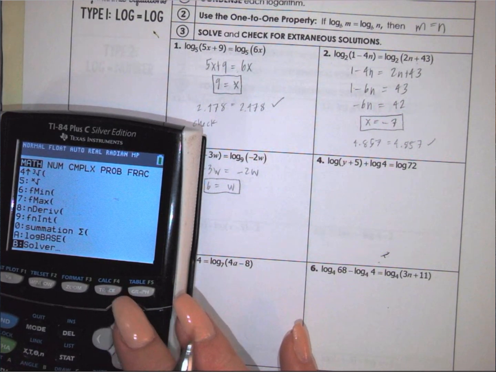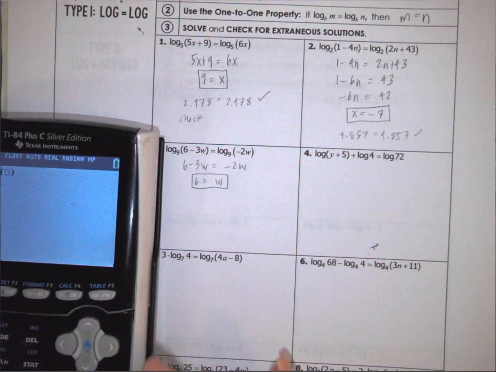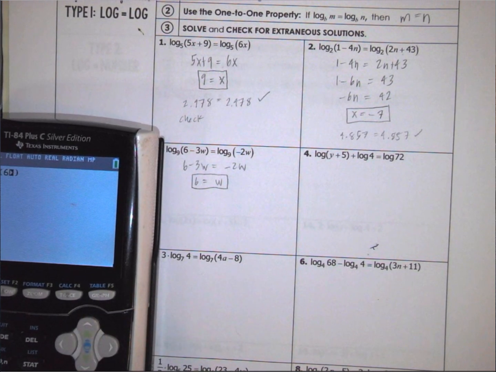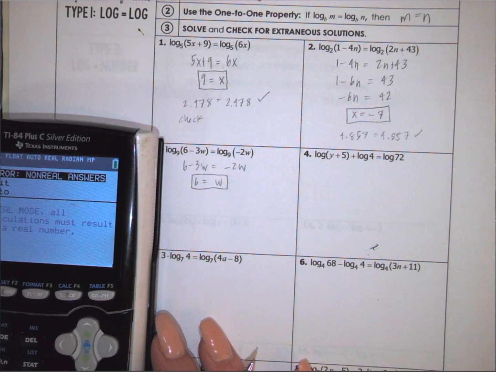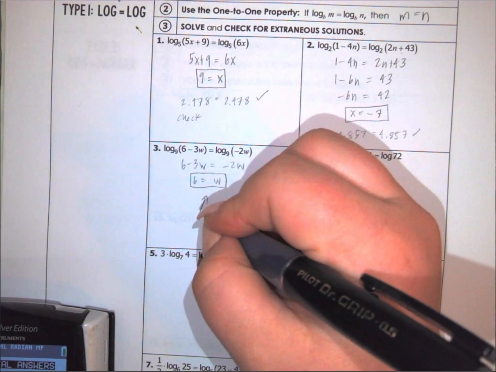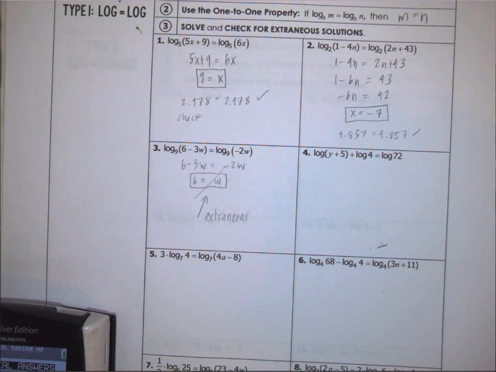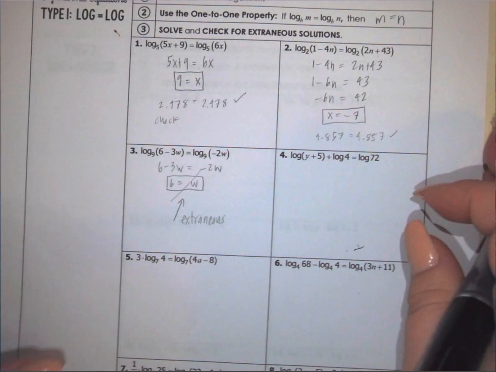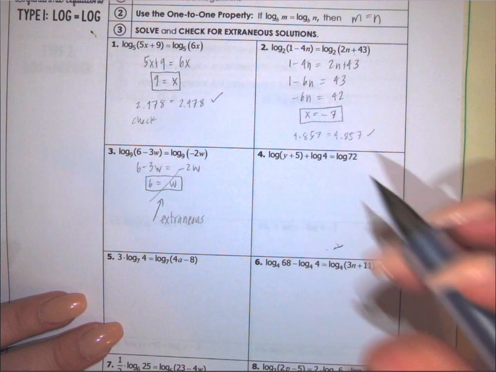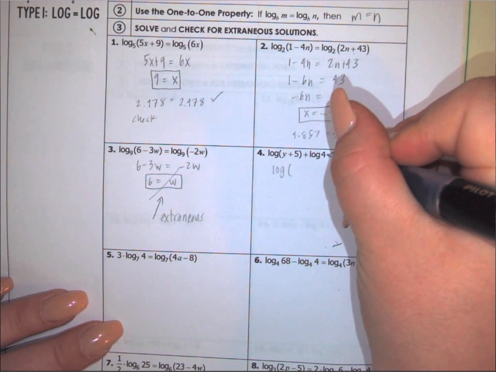On the left side, you have log base 9 of 6 minus 3, and then we got 6 for w. And then it says non-real answers. That's because it makes the inside of the log negative, which is impossible. So this time, this answer is extraneous. So there are no real answers for number 3.